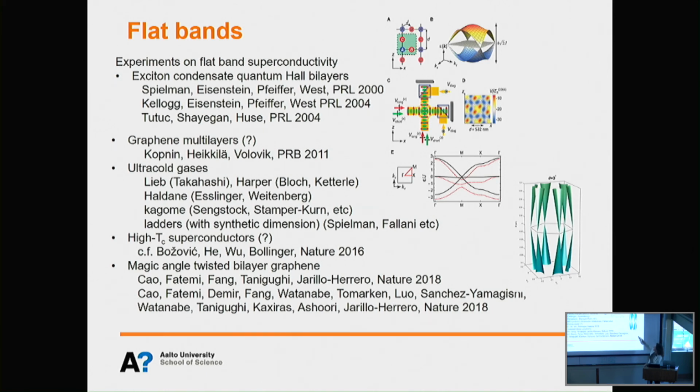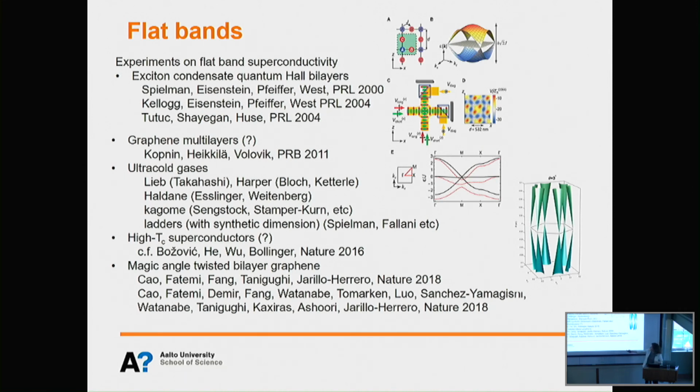This is from Professor Takahashi's papers. For instance, in the Lieb lattice, you can have a wave function with a plus sign here and a minus sign here, and then they interfere and you will have nothing on the A site. So this is the basic mechanism of creating flat bands. You block the movement by interference effects.